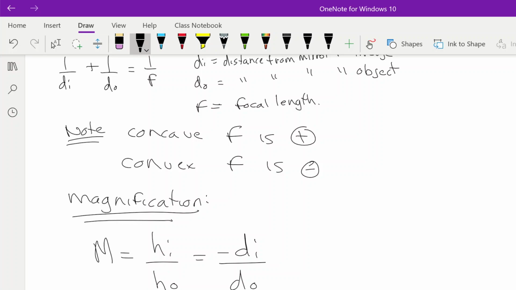If di is less than 0, in other words, if it's a negative number, it's therefore virtual, so it's behind the mirror, that's the significance of that, and it will be upright as well.